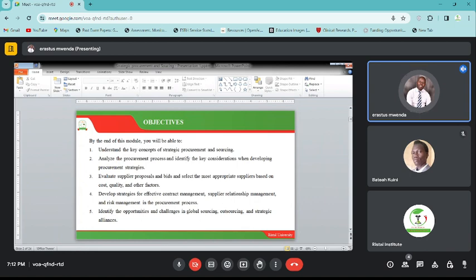So that tells you that when it comes to matters of strategic procurement and sourcing, you cannot ignore the aspect of developing very nice plans or courses of action to ensure that you are not suffering deficiency in terms of raw materials, or lack of goods and raw materials arriving on time.